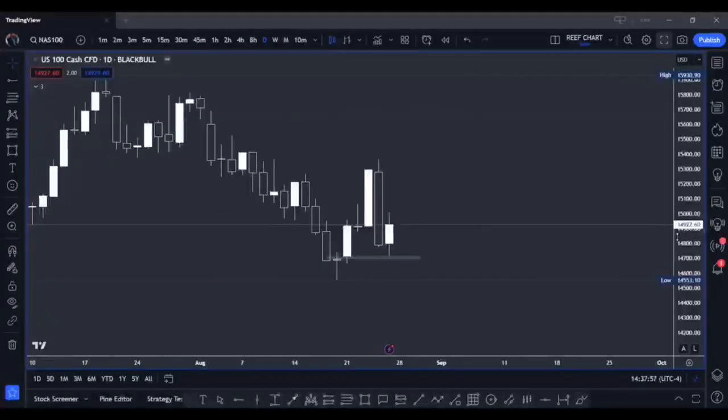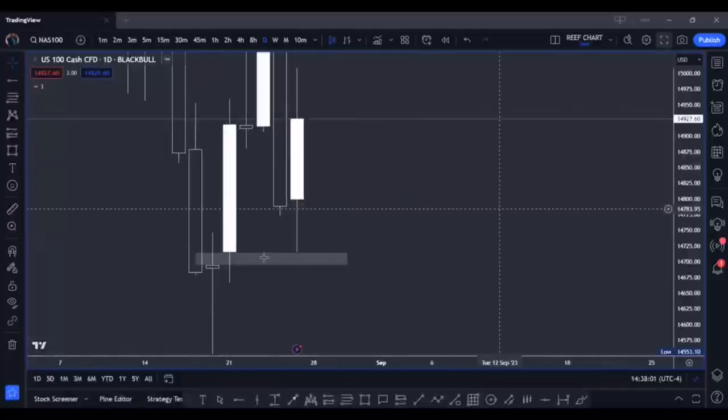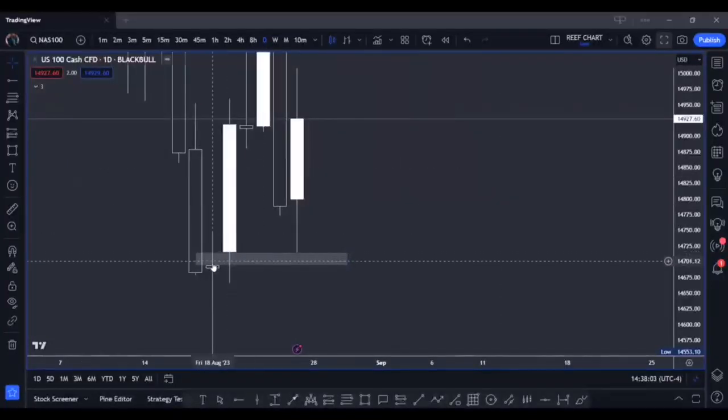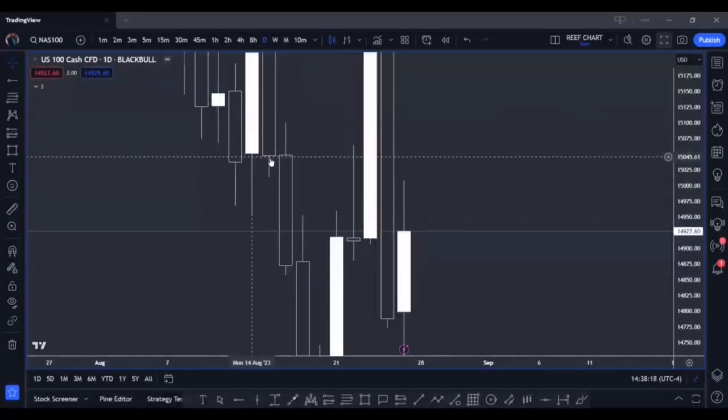A volume imbalance is where price jumps and the open price of the next candle does not open close to the close price of the previous candle. On all of these charts you can see that where one candle closes, the next one opens next to it.